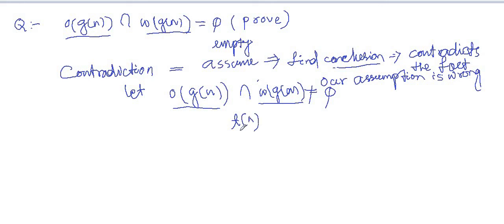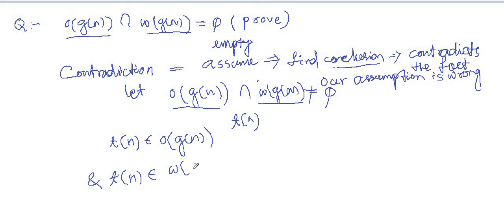So tn belongs to small o of gn, and tn belongs to small omega of gn also, because that is in their intersection.